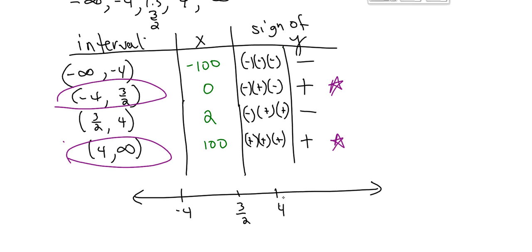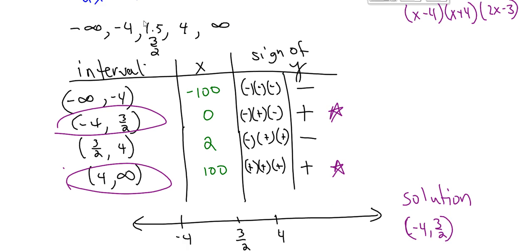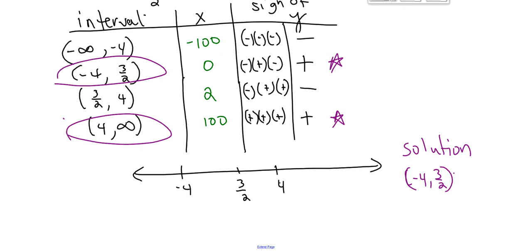And so my solution in interval notation is -4 to 3/2 in parentheses, because I'll go back up here, it was strictly greater than 0. So I just wanted the positive, union with 4 to infinity.